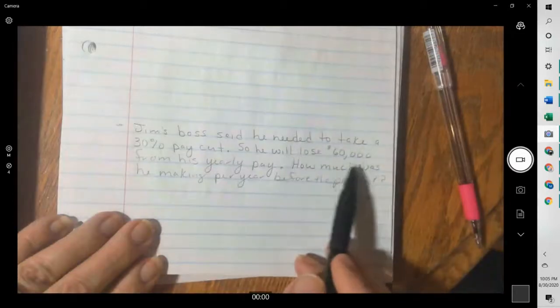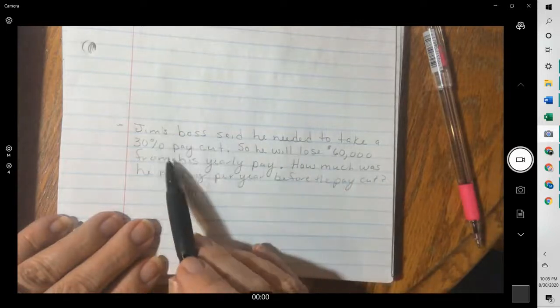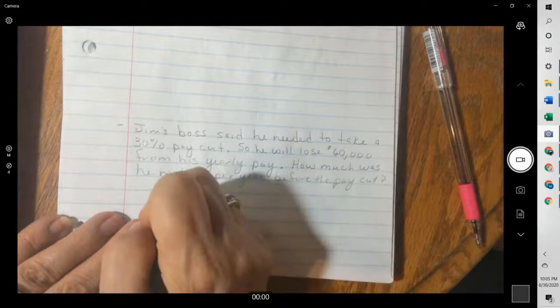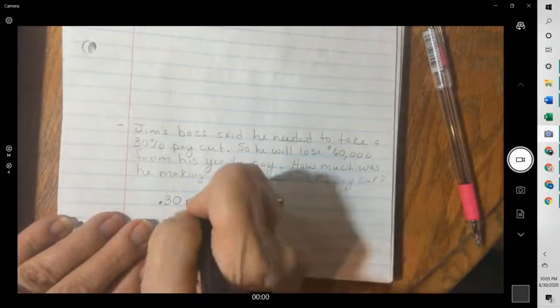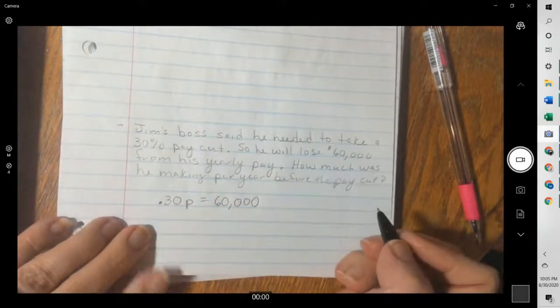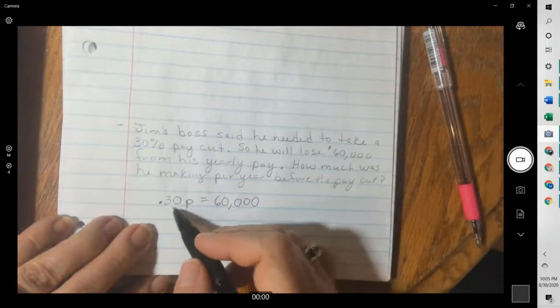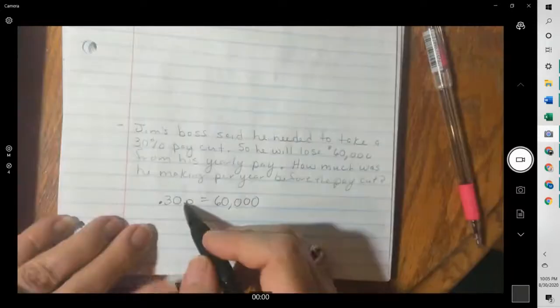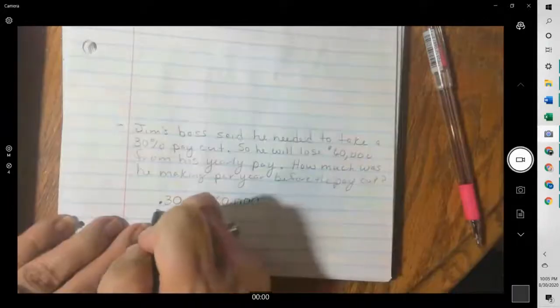So if he lost $60,000, and that's 30% of his pay, if we take 30% of his pay, that equals the $60,000. So instead of it giving us the total, it's only giving us the percent. And so we didn't need to add the P. We just had to take the percent of it.